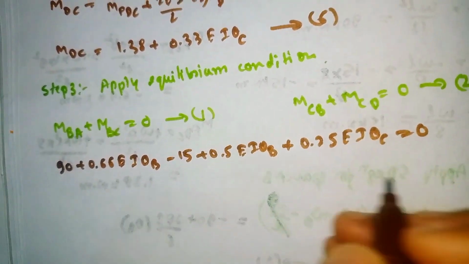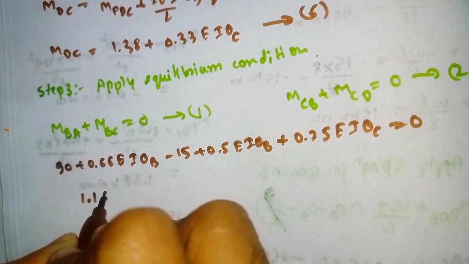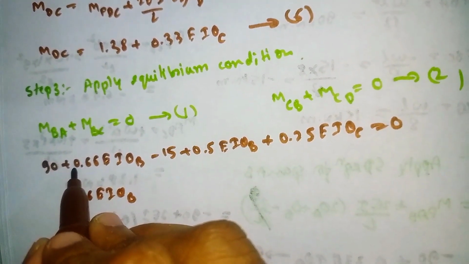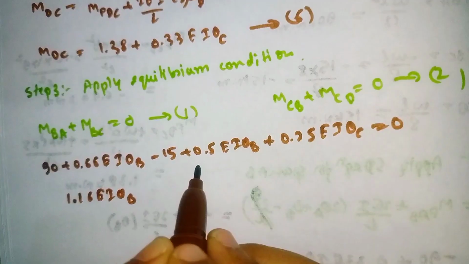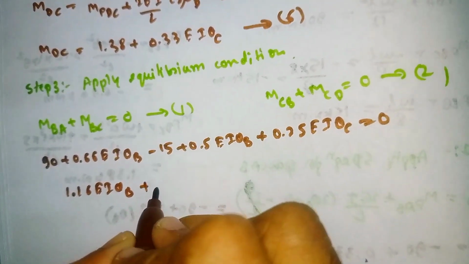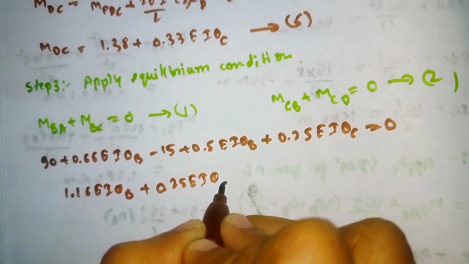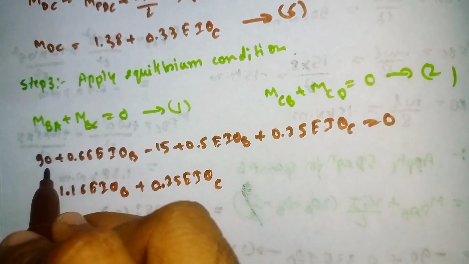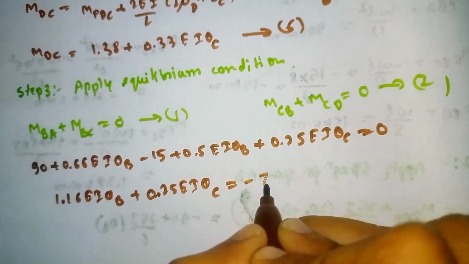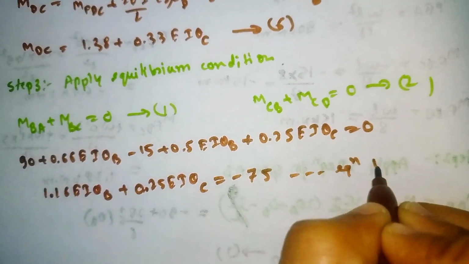Simplifying, 0.66 EI theta B plus 0.5 gives 1.16 EI theta B plus 0.25 EI theta C, and 90 minus 15 is 75. Taking it to the right side, it becomes minus 75. This is equation number 1.